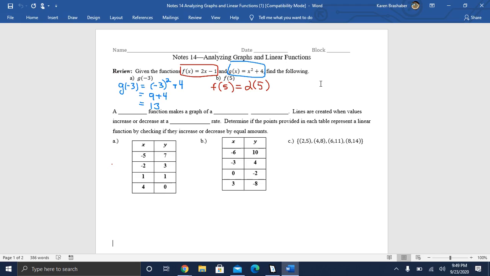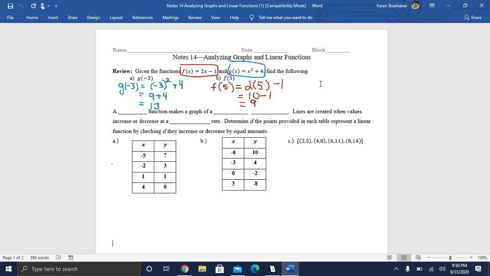That's our input. And then minus 1. So 2 times 5 is 10, minus 1, and we get 9. So a couple of review problems for us as we begin this lesson and getting you used to function notation.